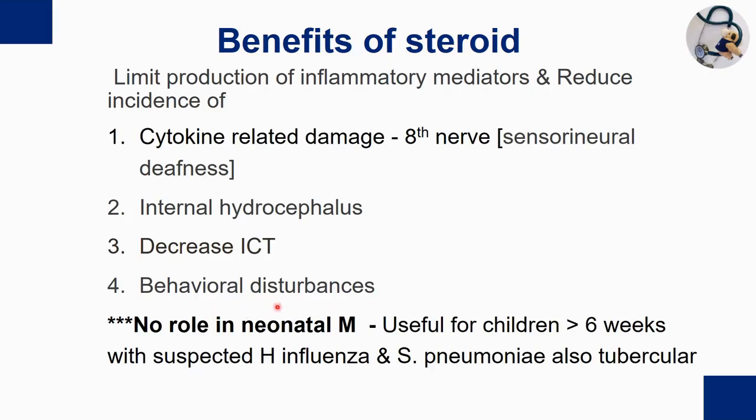Just remember, there is no role of steroid in neonatal meningitis. It is useful only for children more than 6 weeks where you suspect Haemophilus influenzae and Streptococcus pneumoniae. These two are the main organisms leading to all these complications, and sometimes also tubercular meningitis. These organisms are not common in the newborn, so in neonatal meningitis you do not give the anti-inflammatory treatment.